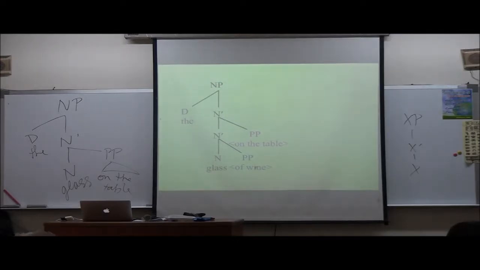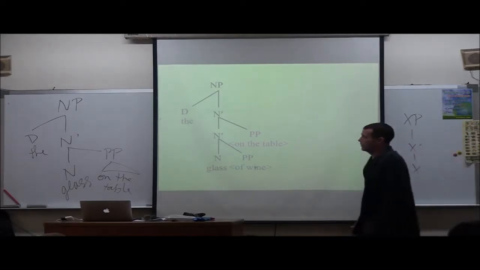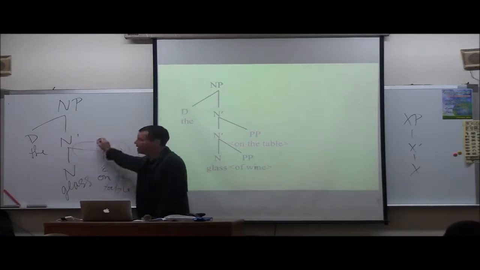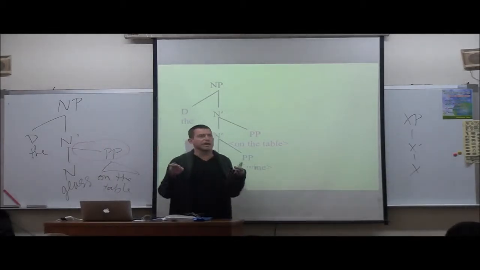Because there is an adjunct, so you have to draw two bars. Okay, good. Right. So the problem with this tree is I know on the table is an adjunct.